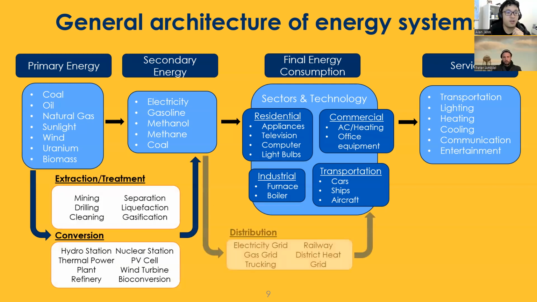Likewise, going from secondary energy into your final energy consumption, there is the distribution system of how I get my electricity from a certain point to your final energy consumption point, or other types of secondary energy, like fuels, for example, getting your gasoline from refineries to the gas stations where you're actually pumping and getting them into your vehicles.